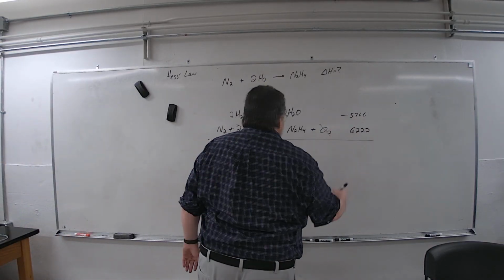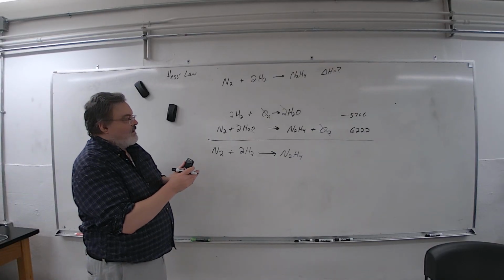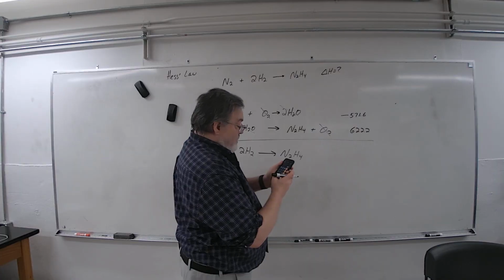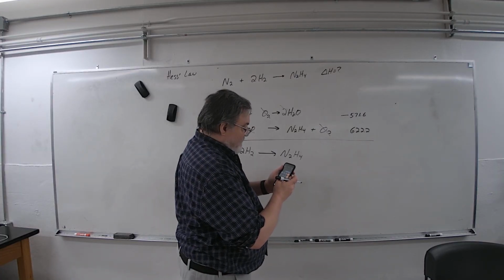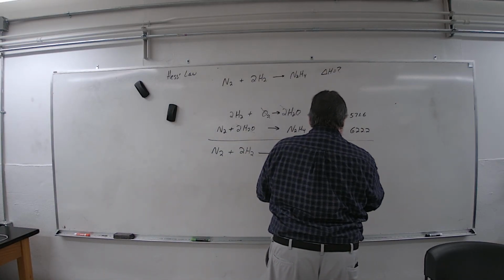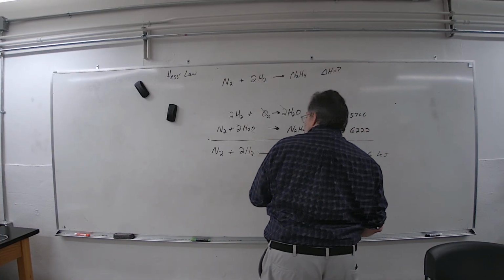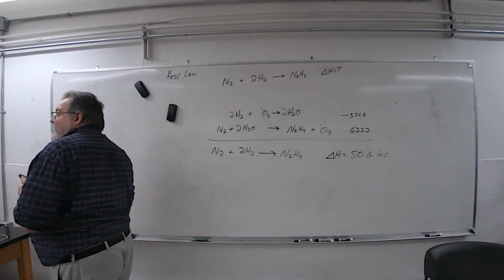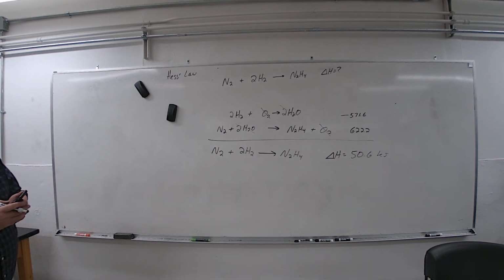So now I can just add these up. Negative 571.6 plus 622.2. So delta H. Follow that? What else I've got?